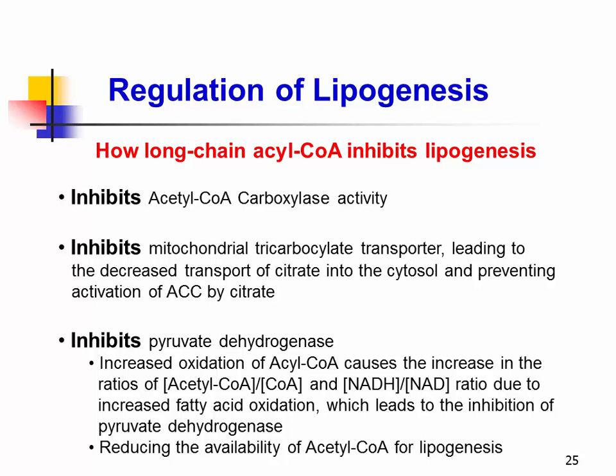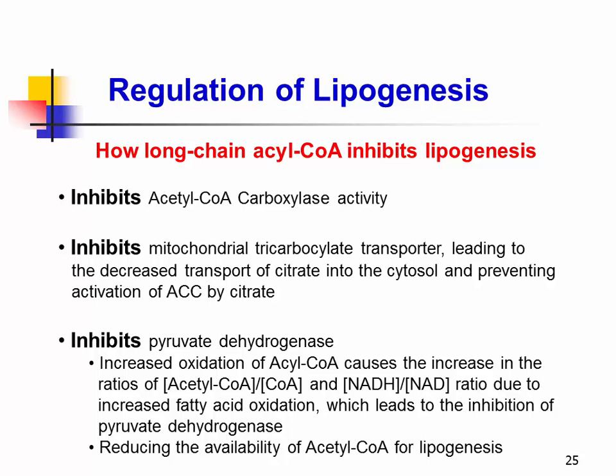If long-chain acyl-CoA inhibits this transporter, the citrate shuttle, then acetyl-CoA will not be available in the cytosol for lipogenesis. So this is the second mechanism.